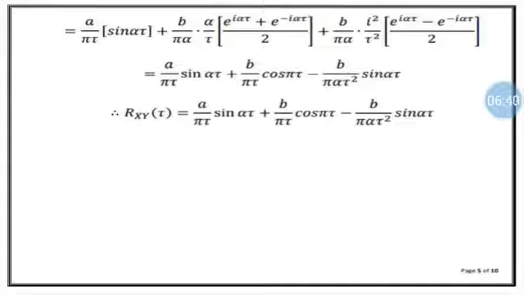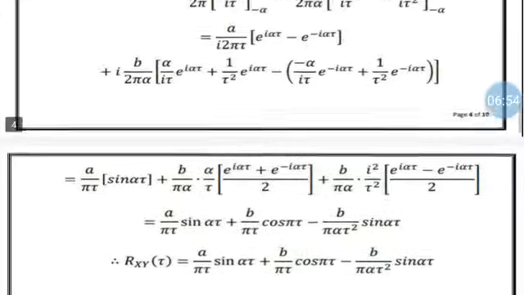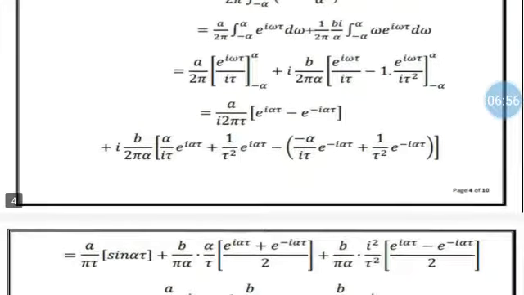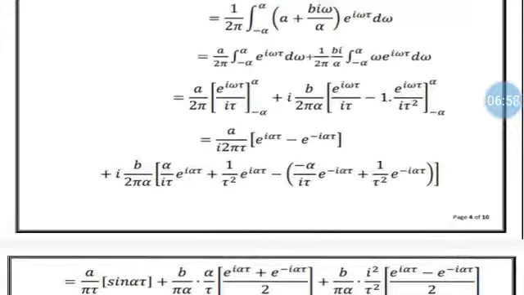which is equal to a by pi tau into sin a tau. The formula for e power i theta minus e power minus i theta divided by 2i is sin theta.